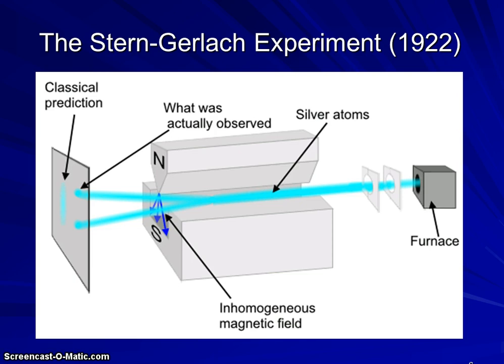The Stern-Gerlach experiment, a very interesting experiment. I encourage you to read the history behind it in your textbook. The Stern-Gerlach experiment, done in 1922, takes a beam of silver atoms that all travel in one direction and passes them through a magnetic field that has a constant value in the XY plane, but varies linearly with the Z coordinate. So the way I'm going up and down with the cursor right now would be the Z axis.